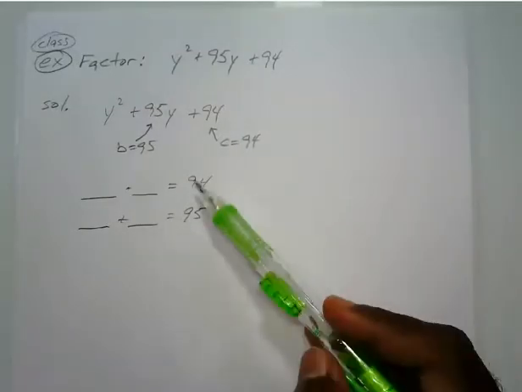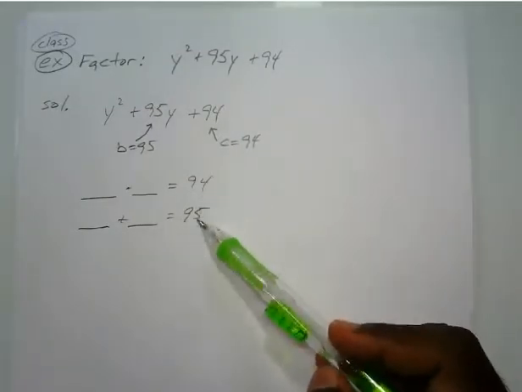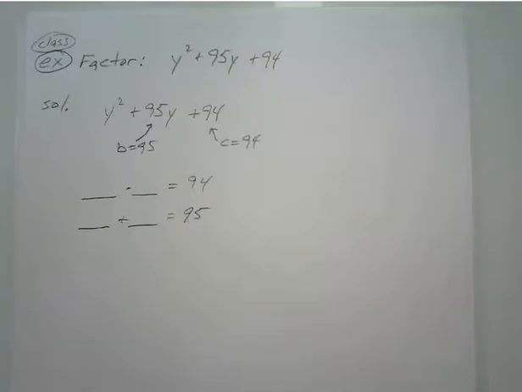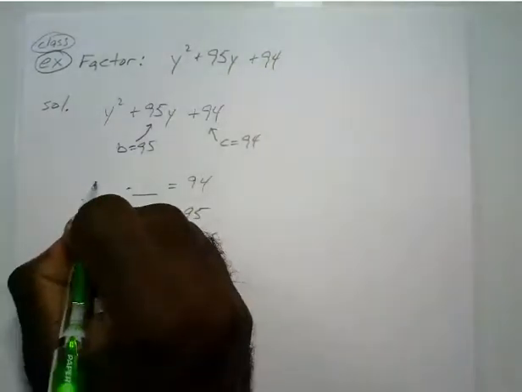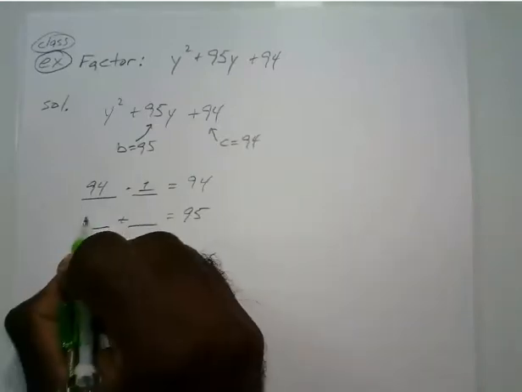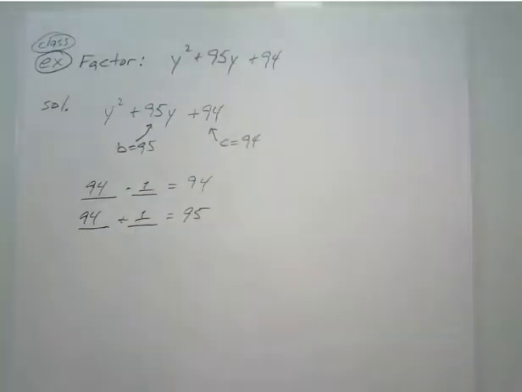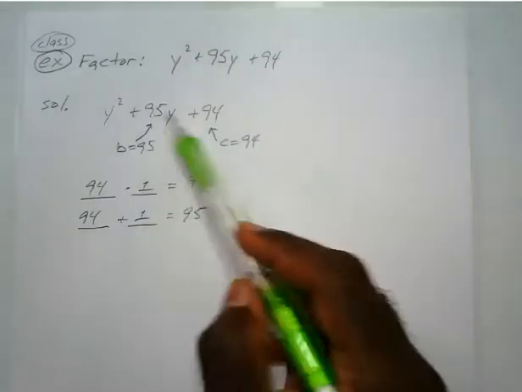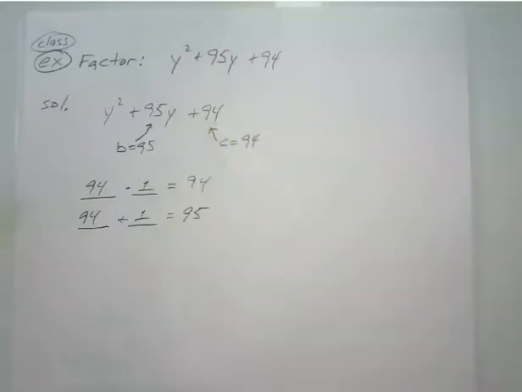Like I said, whenever you see there's just one difference in the absolute value, you just do 94 times 1 and 94 plus 1. That's why when you see these values and the absolute values are just one apart, you can easily go right with that.